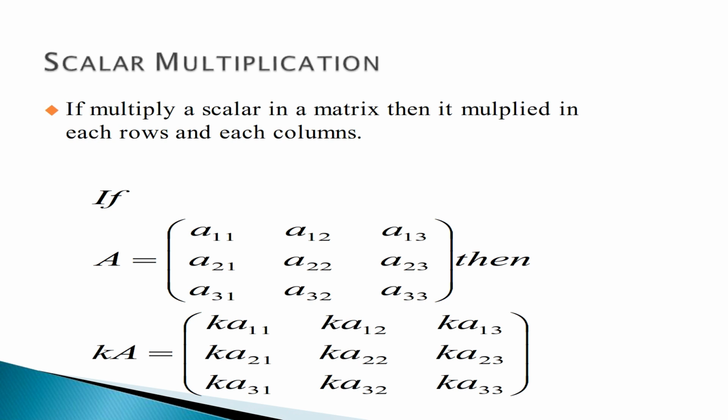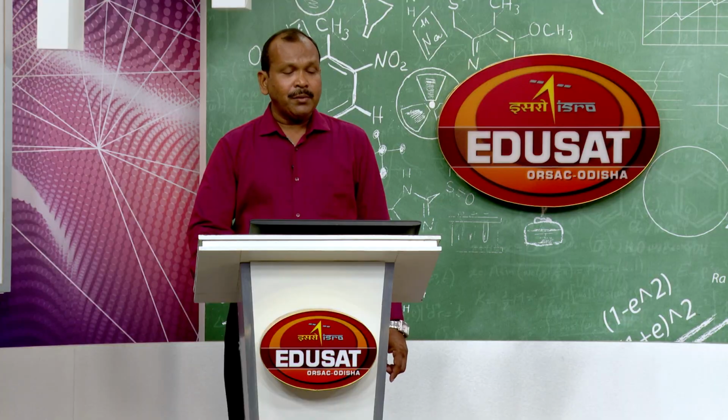Suppose A is a 3 cross 3 matrix with elements a11, a12, a13, a21, a22, a23, a31, a32, a33. Then kA, where k is a scalar, means k is multiplied in each element of the matrix, that becomes ka11, ka12, ka13, and so on. That becomes the scalar multiplication of a matrix.